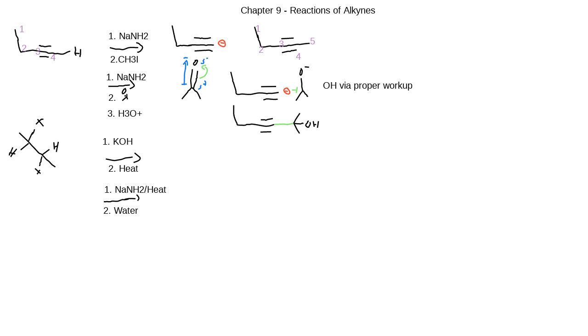So the KOH will form what we call an internal alkyne. Okay. And then the NaNH2 with heat will form an external alkyne. Okay.